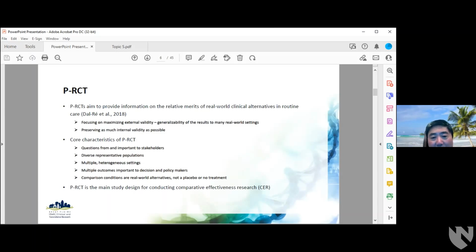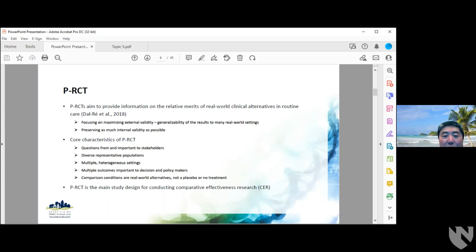When you have the new treatment or new intervention, you want to see what good it will do in general, in what aspects. That means you may look at multiple outcomes.